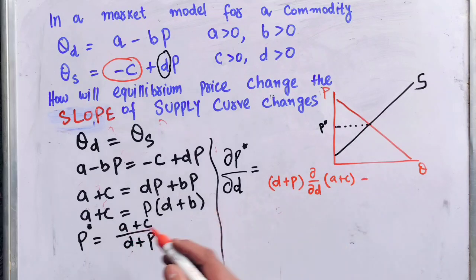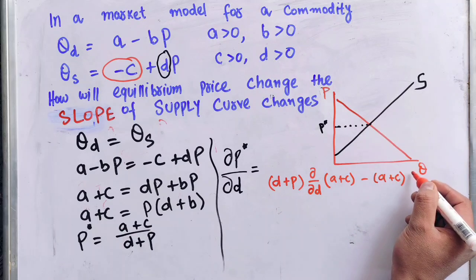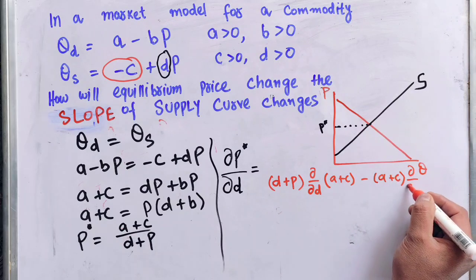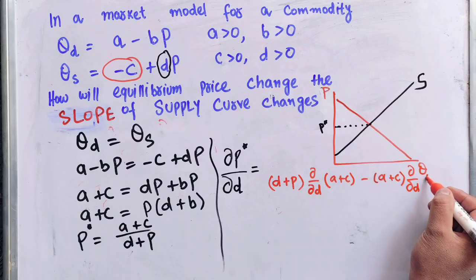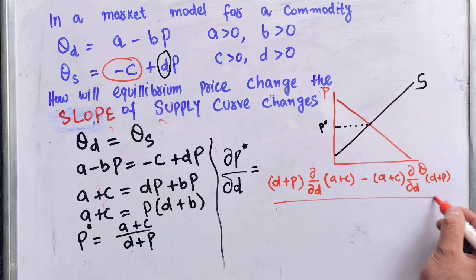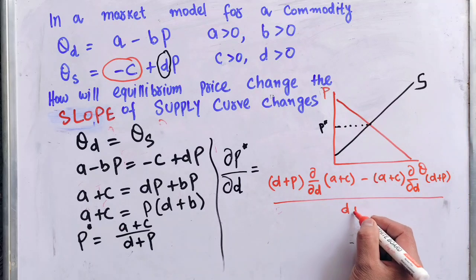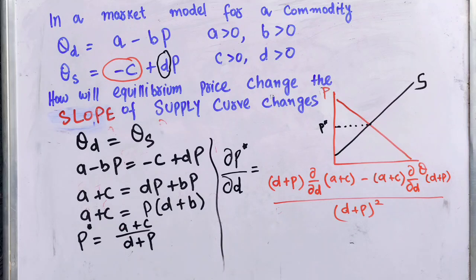Then we subtract the numerator function a plus c times the derivative of the denominator function, which is d plus p, and we divide by d plus p whole square. You know this quotient rule, I don't need to go through it in detail here.